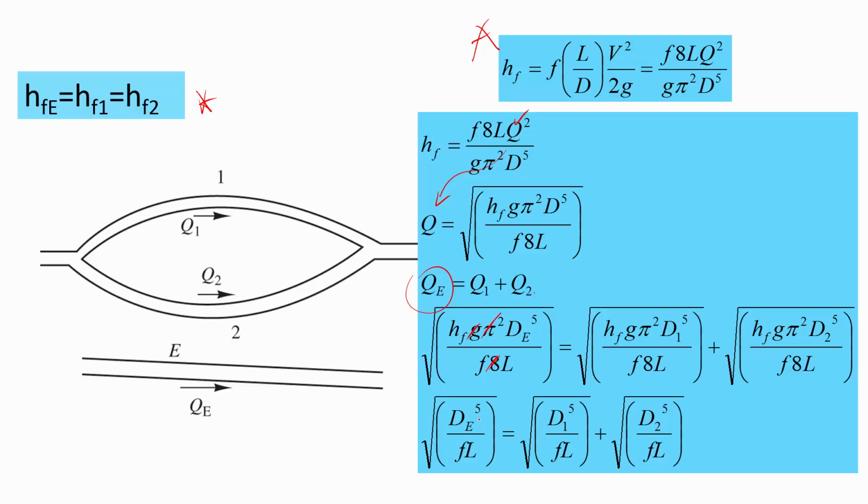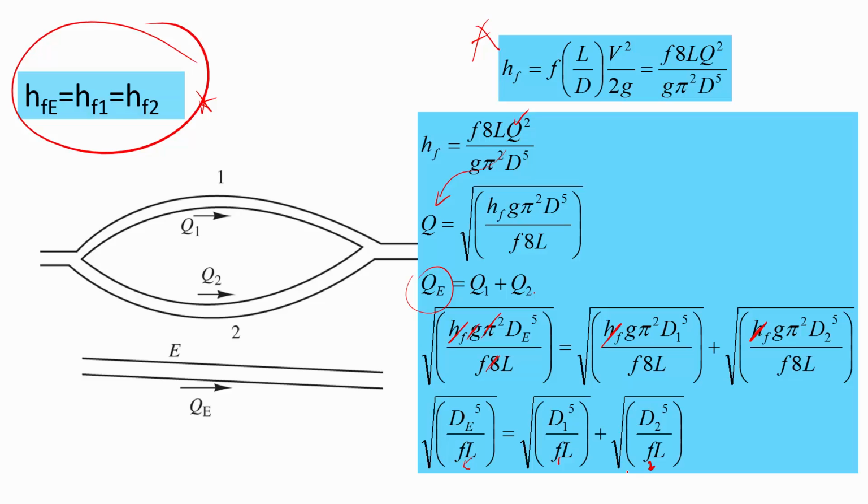So we have the head losses are the same based on this expression. So this is what we have. This would be a subscript E here, 1 and 2 as well.